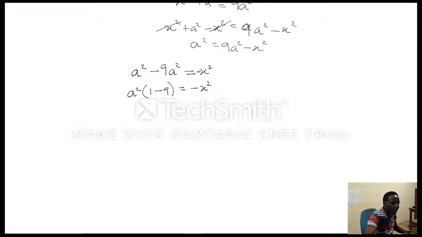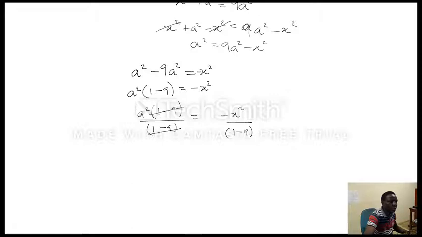Dividing both sides by bracket 1 minus 9, we'll have a squared into bracket 1 minus 9 divided by 1 minus 9 bracket is equal to minus x squared divided by 1 minus 9.